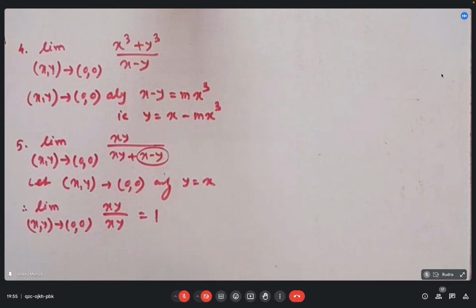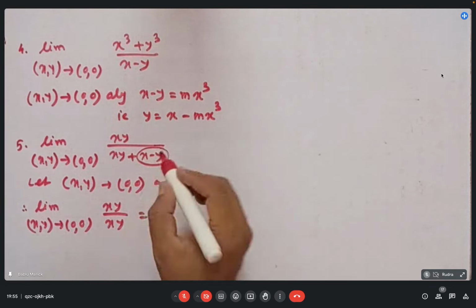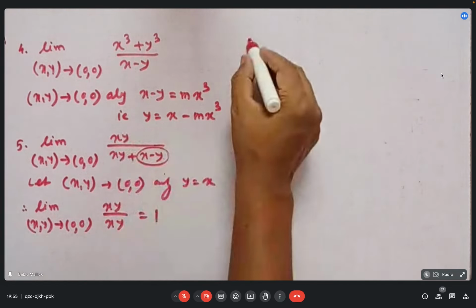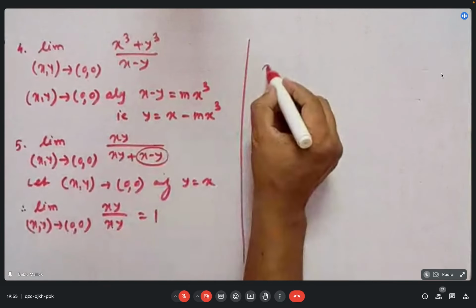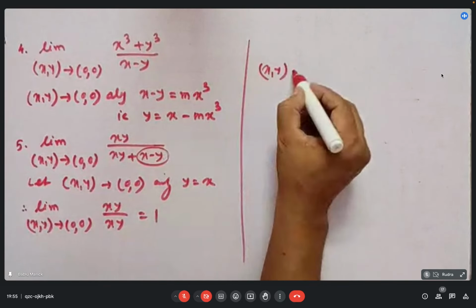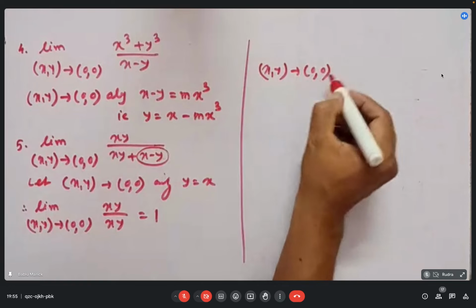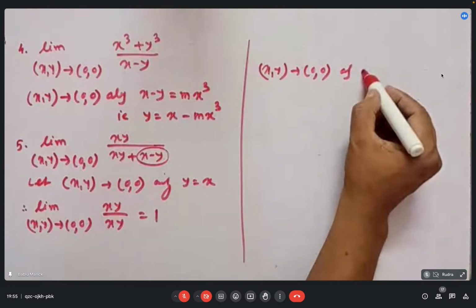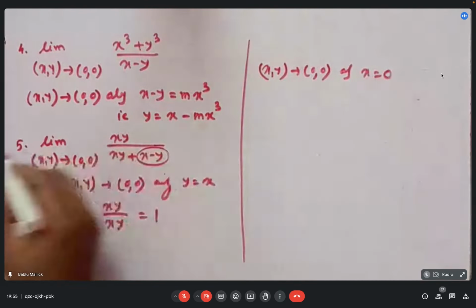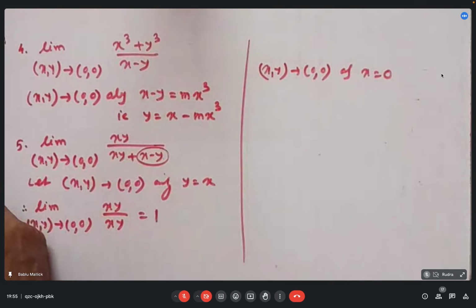And next I shall choose this path. Let (x, y) tend to (0, 0) along x is equal to 0, that means along the y axis.